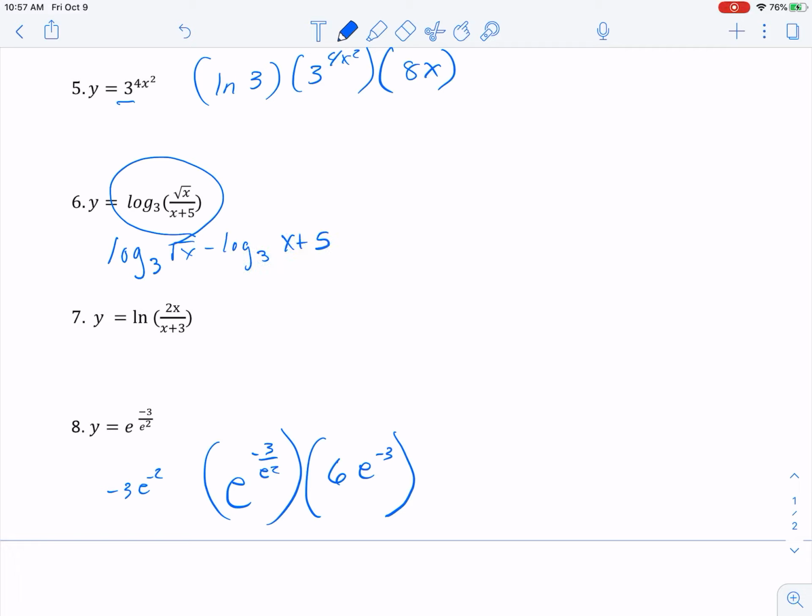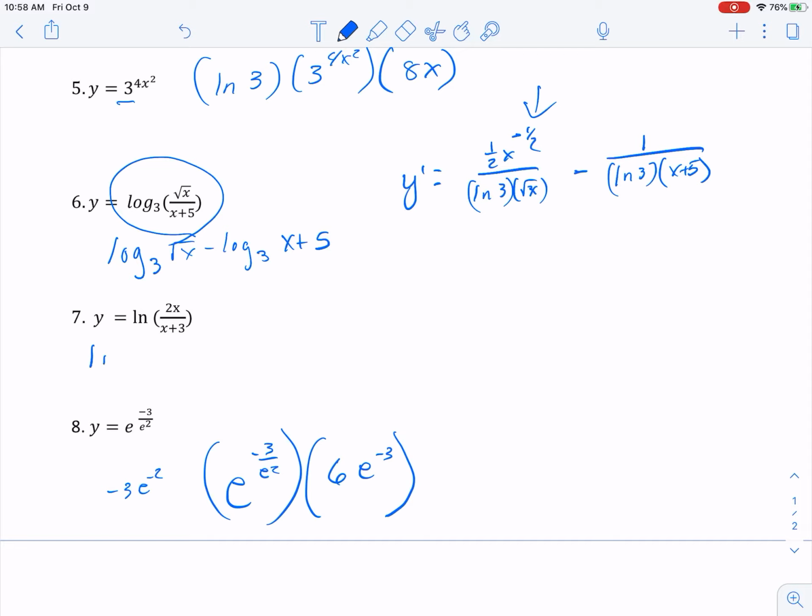And now when you use the derivative for the log, you end up with y prime equal to u prime over the natural log of 3 times u, minus u prime over the natural log of 3 times u. So much easier and not messy. You should probably clean that up, but I don't care. On my test, it's easier for me to grade if you leave it that way.